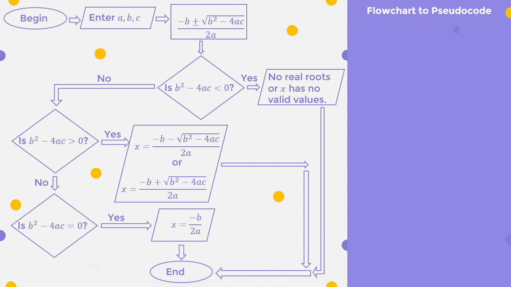Then the program is going to end. But what if we said no to the discriminant is equal to 0? If we said no, then we want to end the program because it means we've already found a solution somewhere. So this is a flowchart of calculating the values or solutions of a quadratic equation.